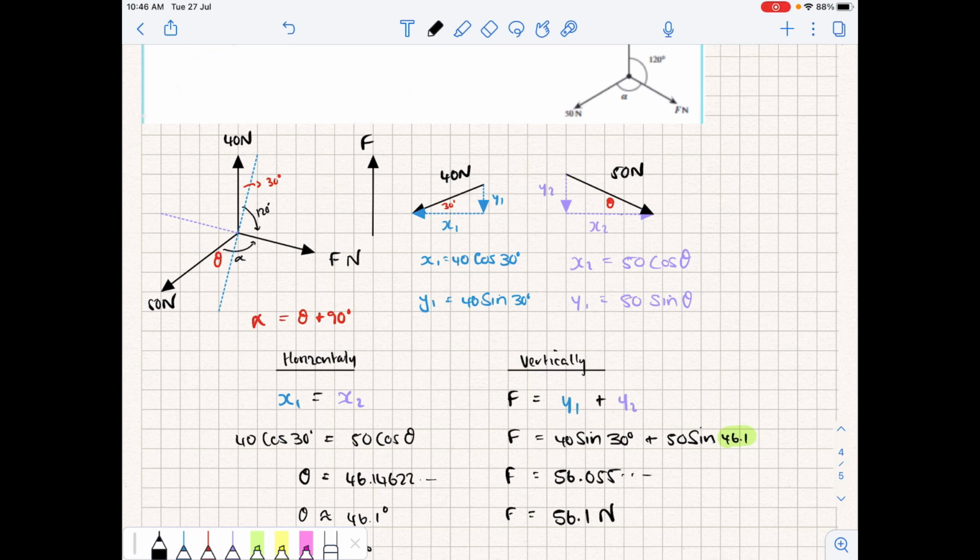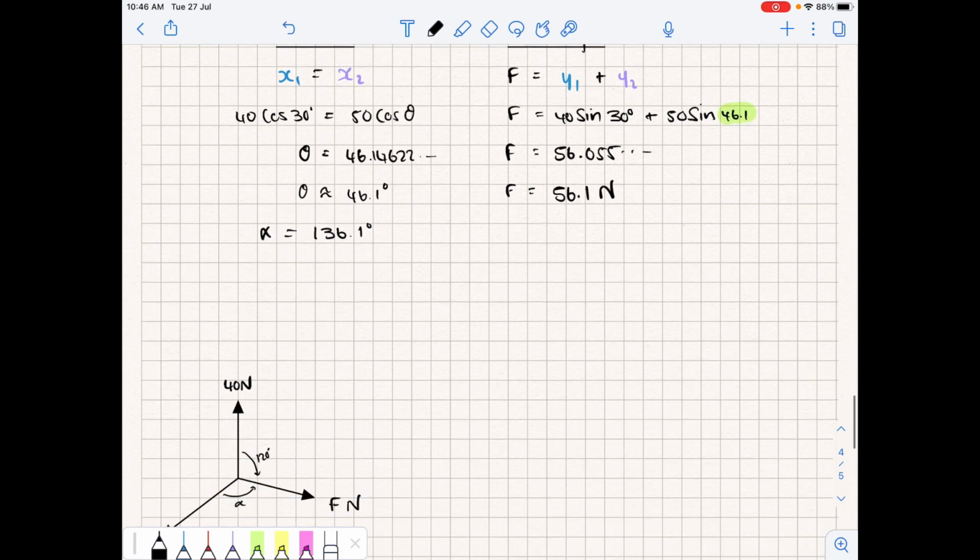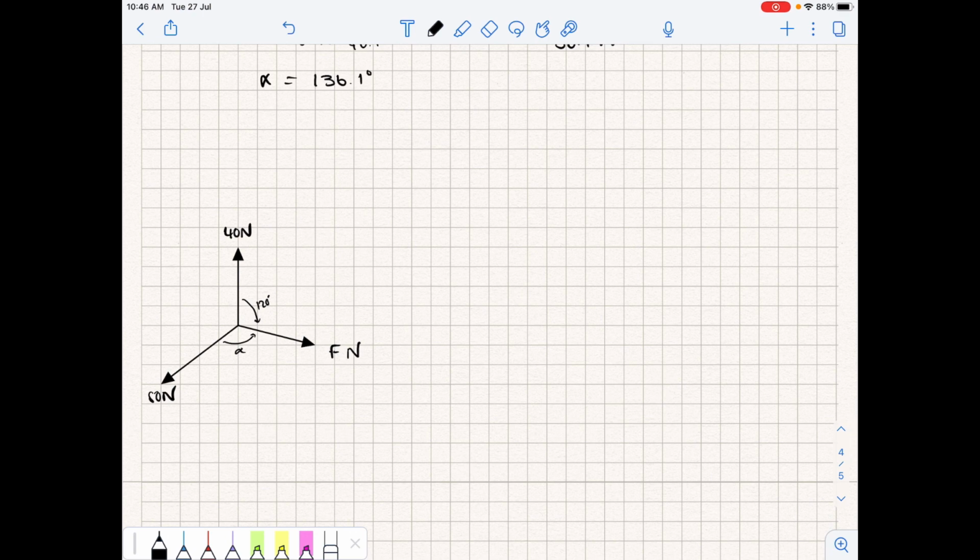Let's have a look at the method that we learned today, and that's Lami's theorem, the one that was derived from the sine rule. So having a look at the diagram again, we're going to relabel everything. I'm going to call this side A, and we have angle alpha.